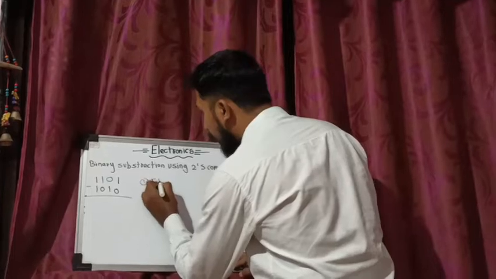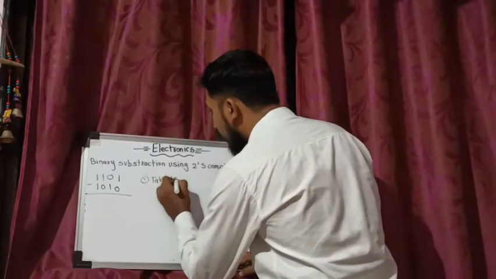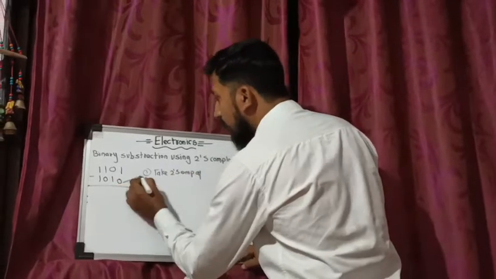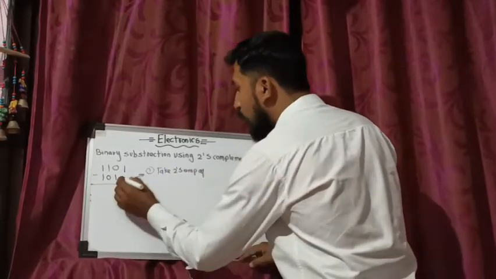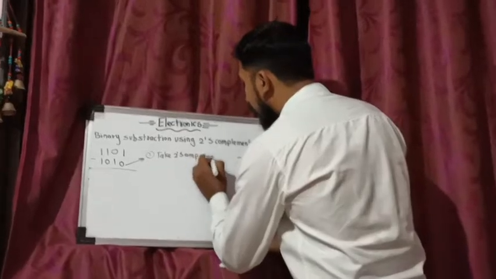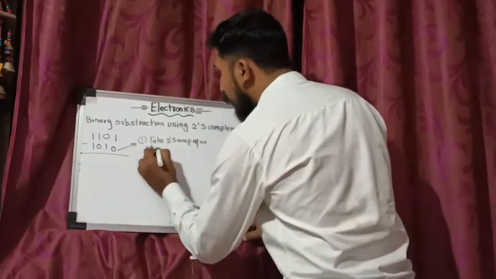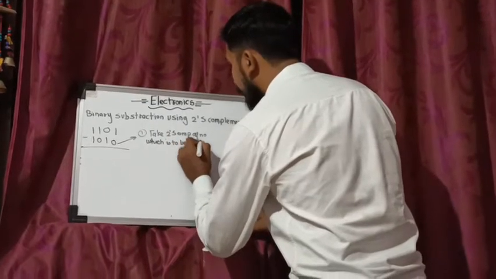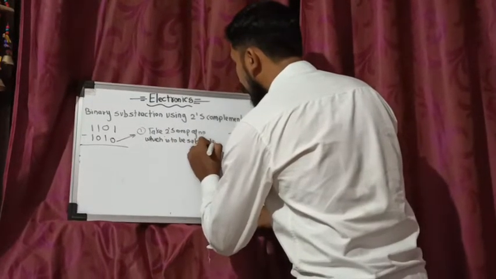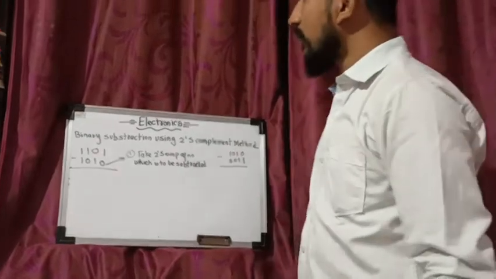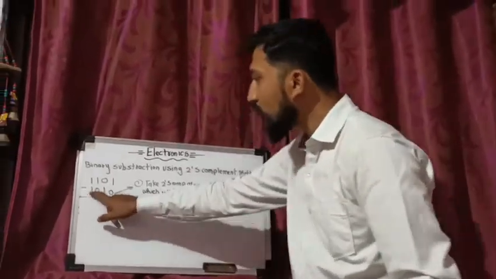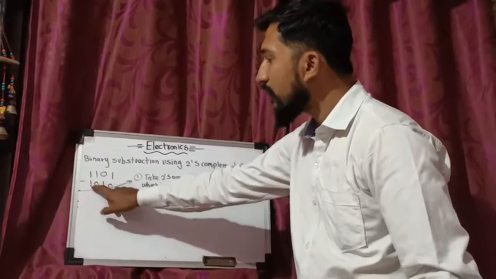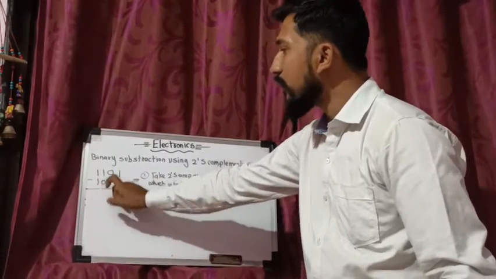We have to take the two's complement of the number which is to be subtracted. So this is rule number 1: take the two's complement of the number which is to be subtracted from this.